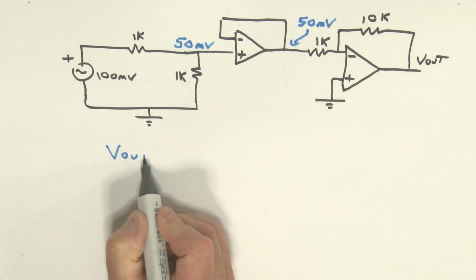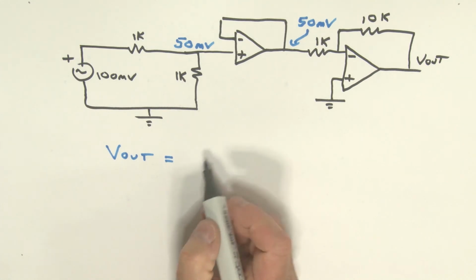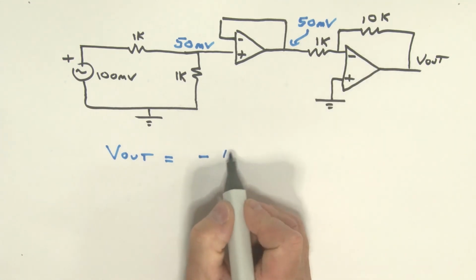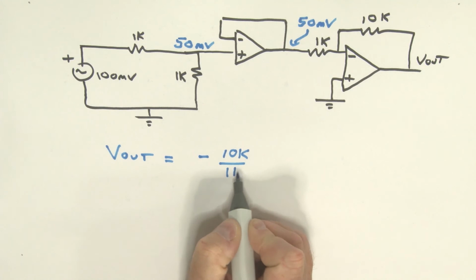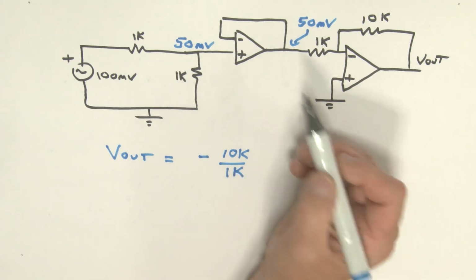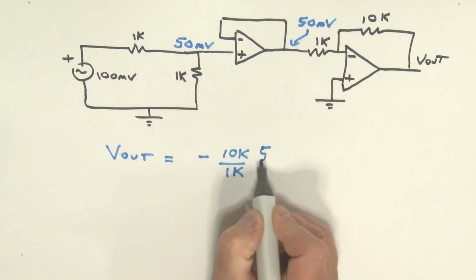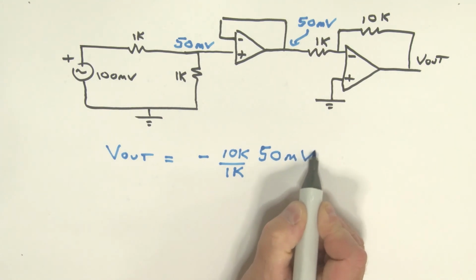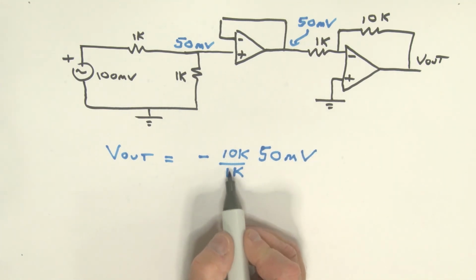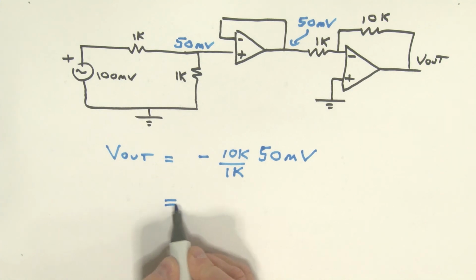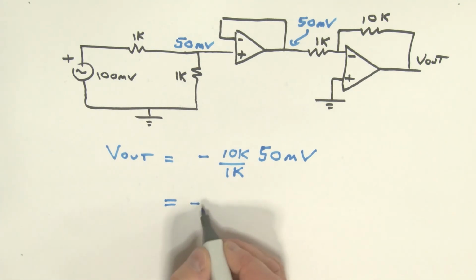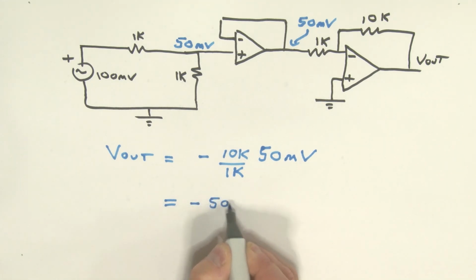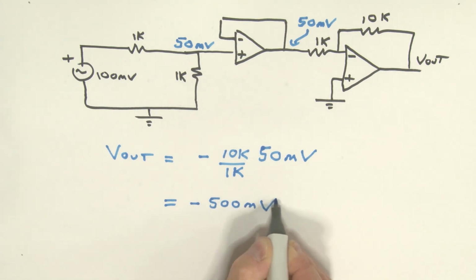My output voltage then is simply going to be equal to a minus, what is it, 10K divided by 1K multiplied by the input that we see over here, which is 50 millivolts, okay? So really we have 10 times that 50 millivolts, and so therefore we have an output voltage which is really 500 millivolts.